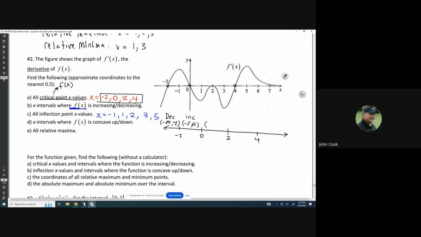From 0 to 2 is below the x-axis, so that's going to be decreasing. And also from 2 to 4, it's below the x-axis, so that's decreasing as well. And then it's above the x-axis from then on, so from 4 to infinity, increasing.